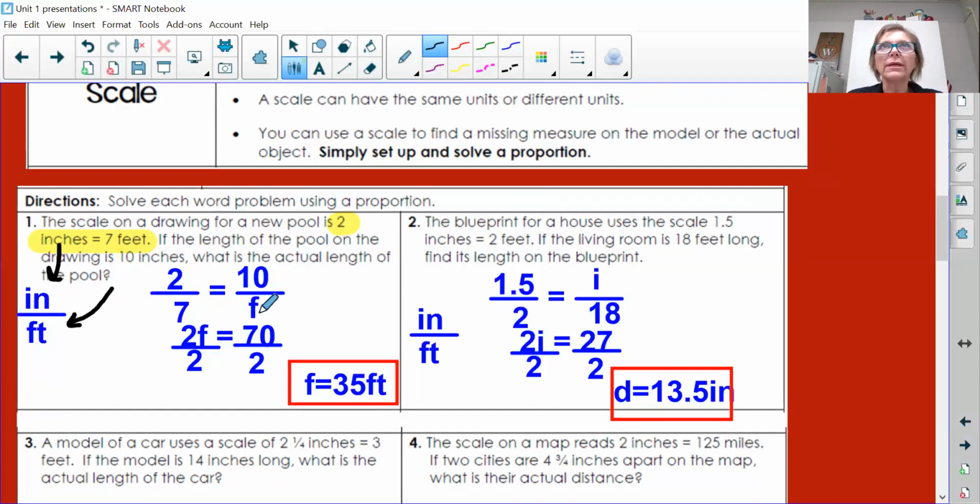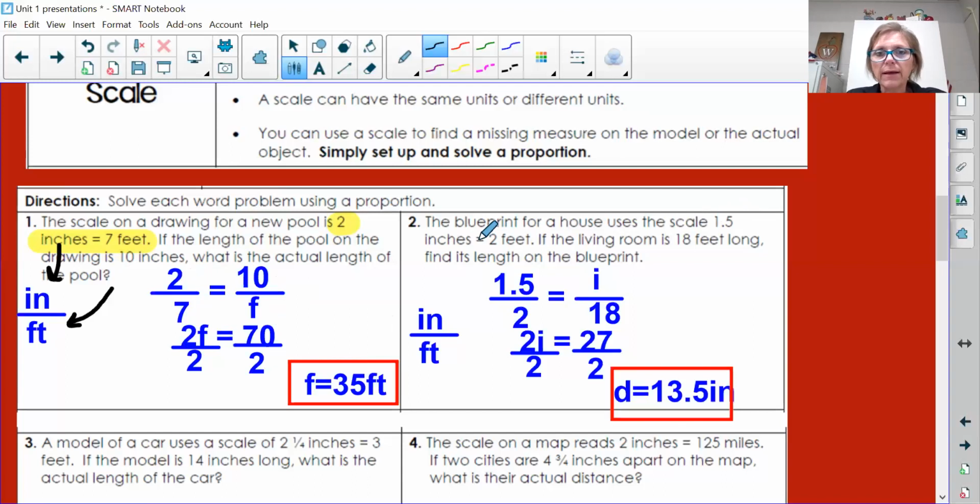So how long really is the pool outside? That's what we're looking for. So what I do is I cross multiply. You see 2 times F and 7 times 10, and then divide away the 2, and you get 35. And of course, that means feet because F was on the bottom. So don't forget that.